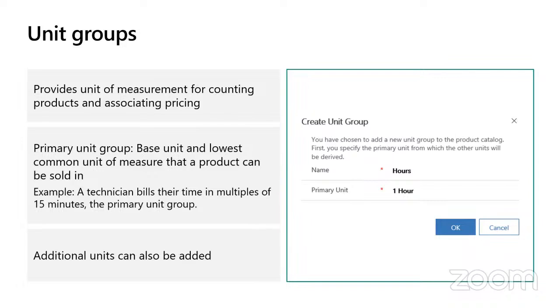So if you are an organization that sends out technicians, maybe they are going out to fix televisions or washing machines or satellite boxes and things like that, you might say, how we bill, we charge you in 15-minute chunks. So your unit at that point becomes 15 minutes, and your charges increase after every 15 minutes, and they go up.